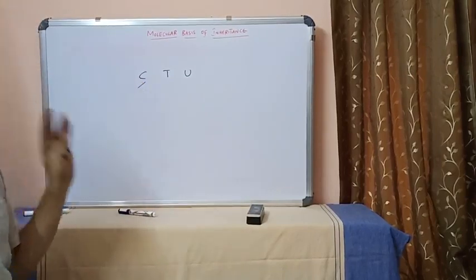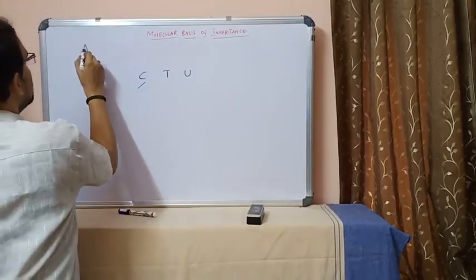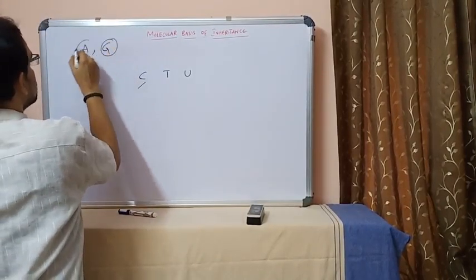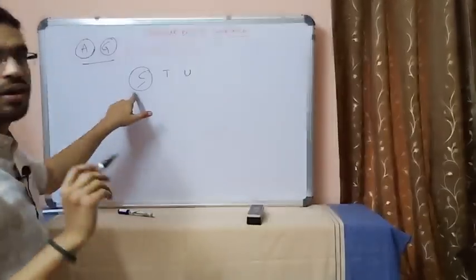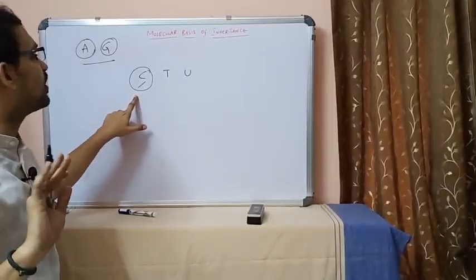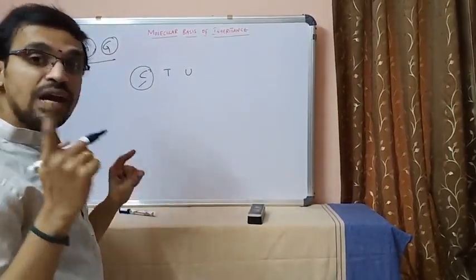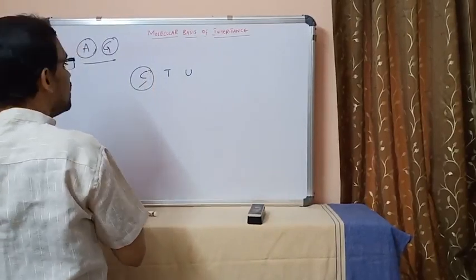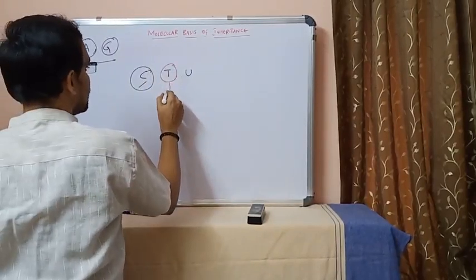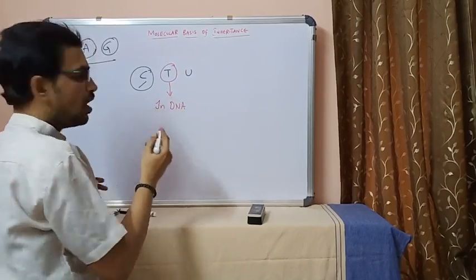So what are the bases which are common in both DNA and RNA? Adenine, guanine, purines, cytosine, pyrimidine. These 3 are common in both DNA and RNA. Now coming to the difference between the DNA and RNA regarding bases, that is thiamine. Thiamine is present in DNA, absent in RNA.